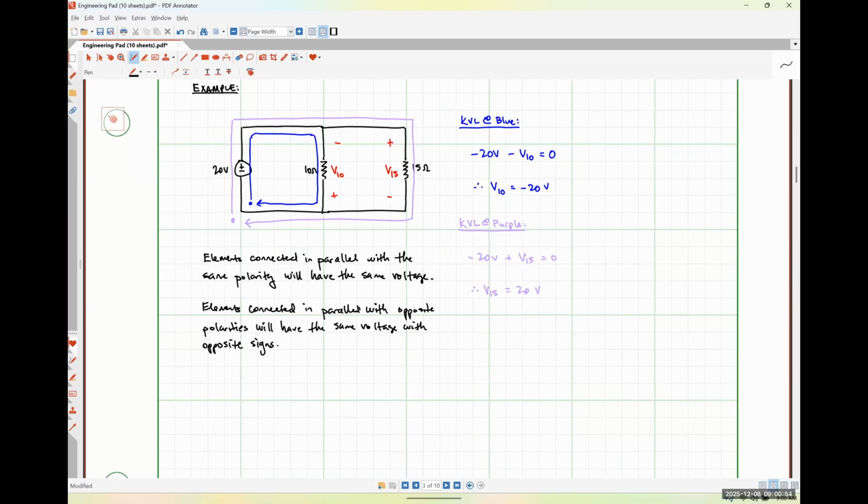The first statement you should have learned in the 120 series. The second statement is just an extension of that now that we're paying attention to what polarities actually represent.